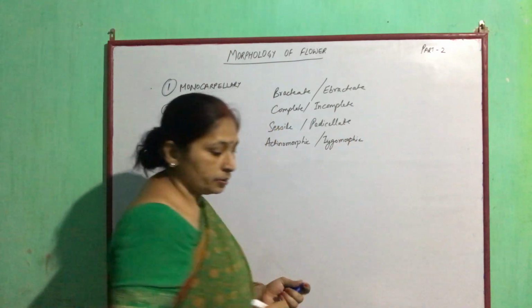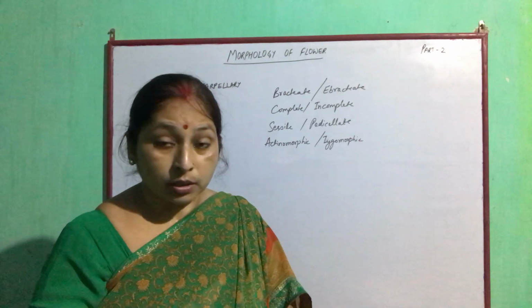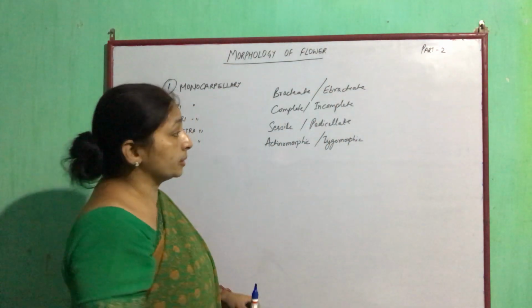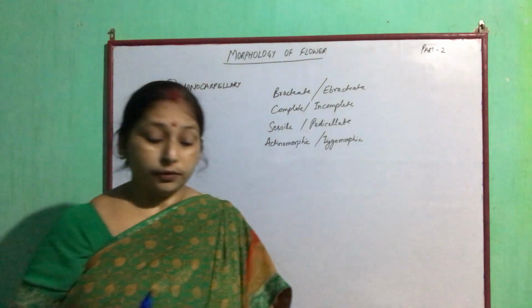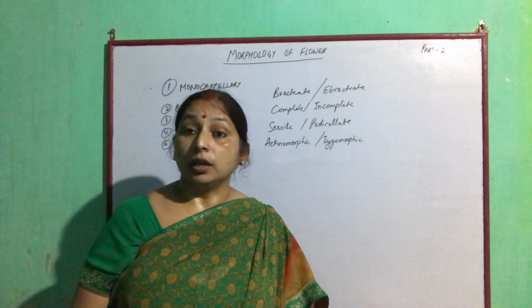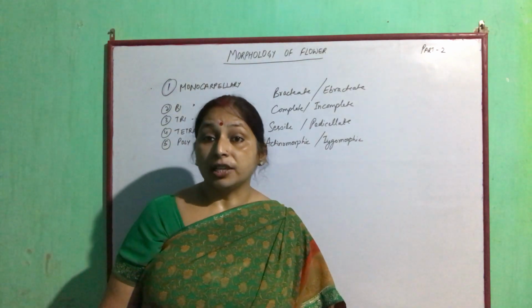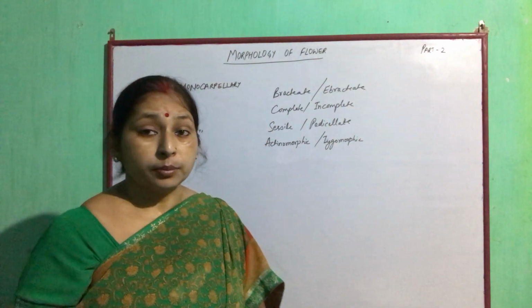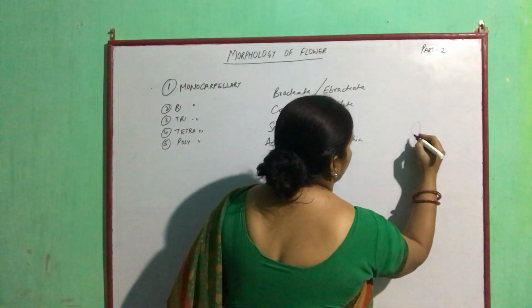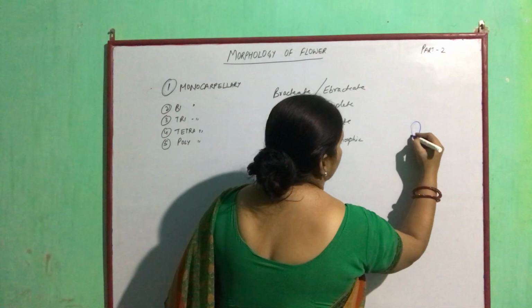Now what are these terms? These terms, let me explain to you. First, bracteate. If the structure other than calyx and corolla, an extra protective covering, is there. In some cases you have seen that, suppose this is a flower, I am not making a complete floral structure.